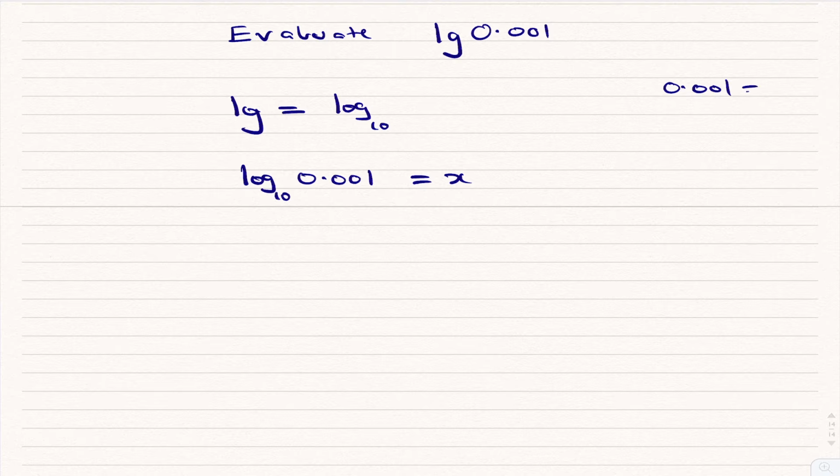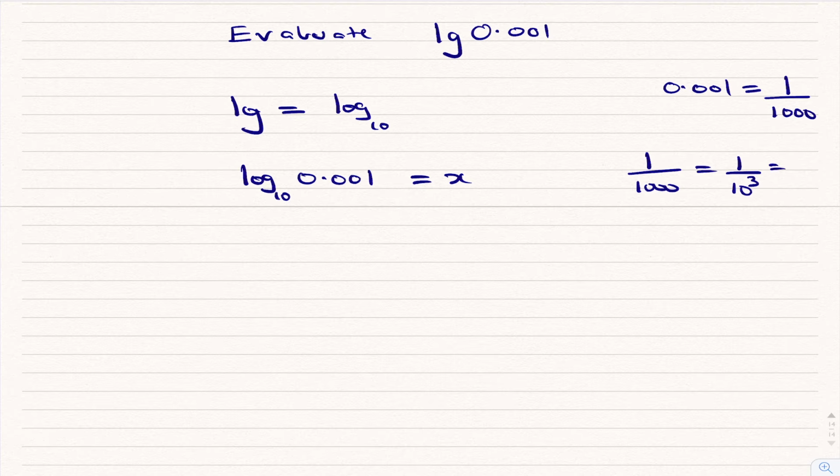0.001 is actually 1 over 1,000. 1 over 1,000 is also written as 1 over 10 to the power of 3, because 10 times 10 is 100, times 10 is 1,000.